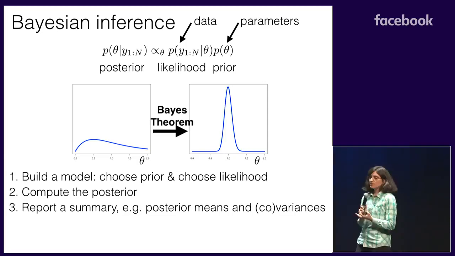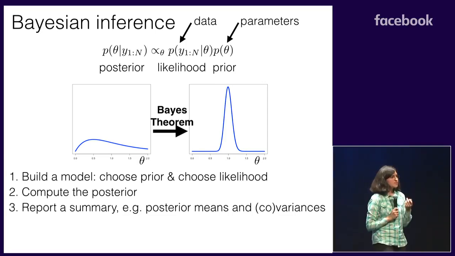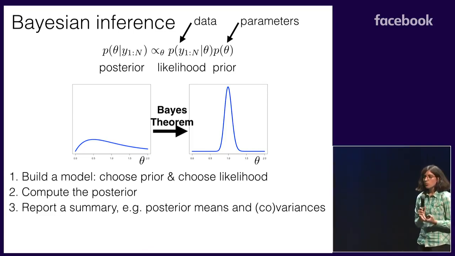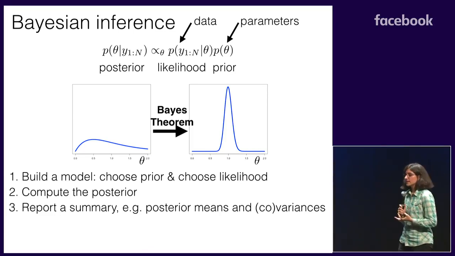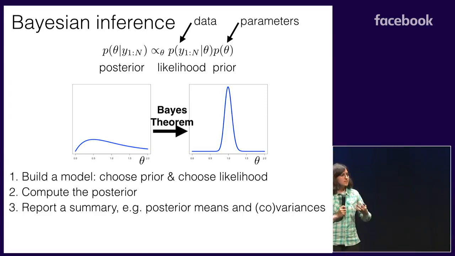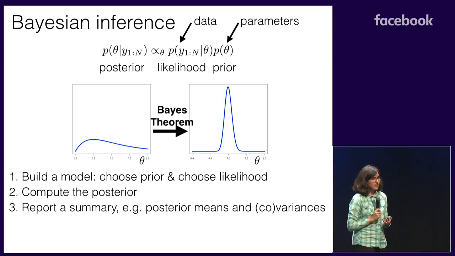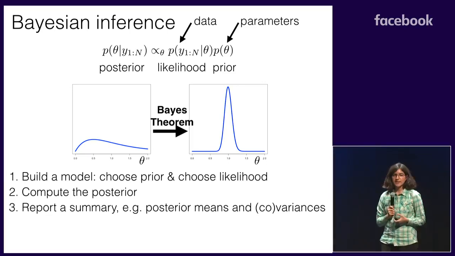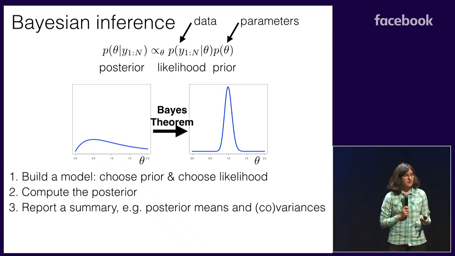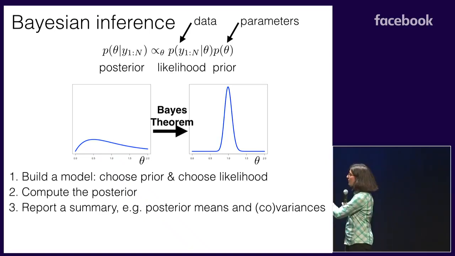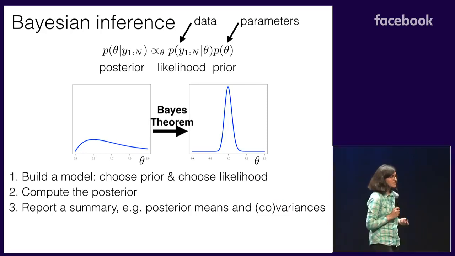And so a typical summary that we might look at is something like a point estimate and an uncertainty. Now, there are a lot of different ways that we could report this point estimate and uncertainty, but certainly a very popular method, a method that has a lot of statistical and theoretical backing for it, is to report a posterior mean as our point estimate and posterior variances or covariances as our uncertainty. And so this is what we imagine doing at the end of the day, is making this report.